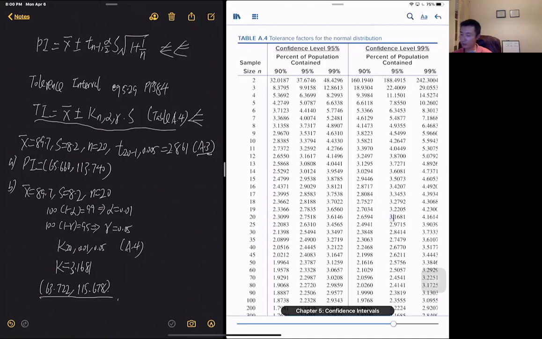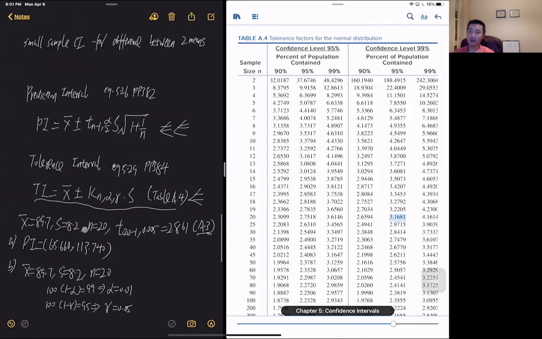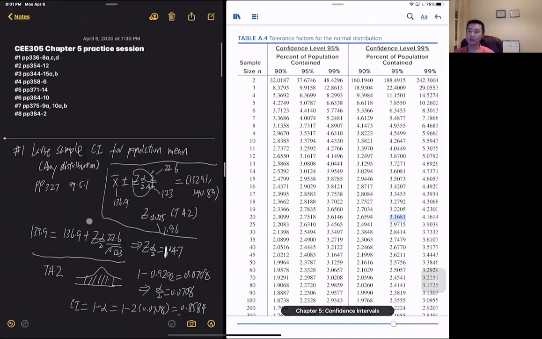So the value for K is 3.1681. Plugging into the equation of the tolerance interval, we get the range 63.722 and 115.678. So that is the last question for chapter 5.